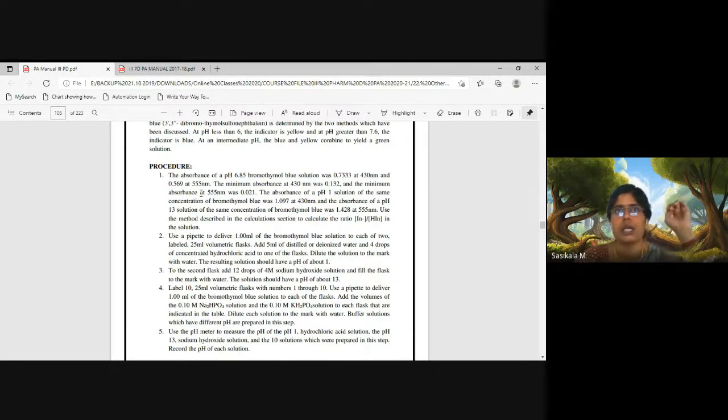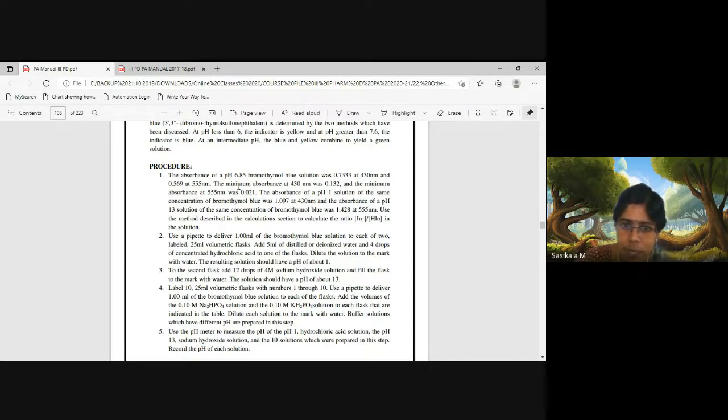One lambda max will show its unionized condition, and one lambda max will show its ionized condition. Indicators exist in two forms, ionized form and unionized form. That is why we are measuring at 2 lambda max values for this analysis. One is at 430 nanometer, another one is at 555 nanometer.